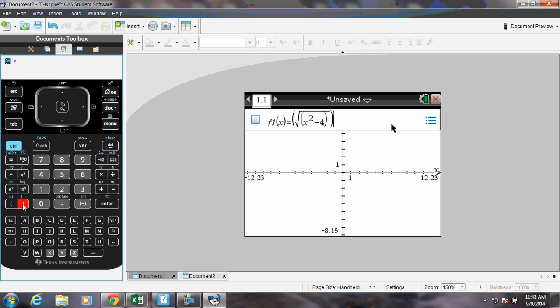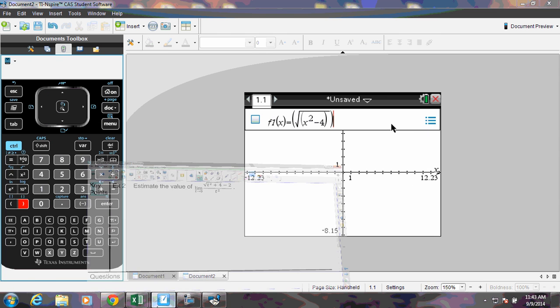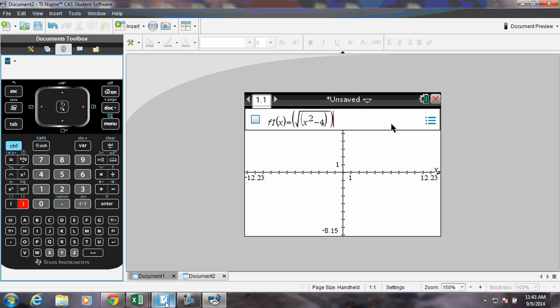numerator. Except I'm missing something in the numerator. Wasn't there a plus 4? No, this is a minus 2. So I needed plus 4 minus 2. I've got to back this part up because I made an error. Square root of x squared plus 4, parentheses to close the square root, use the right arrow to get out of the square root, then it's minus 2, close parentheses to close out the numerator.